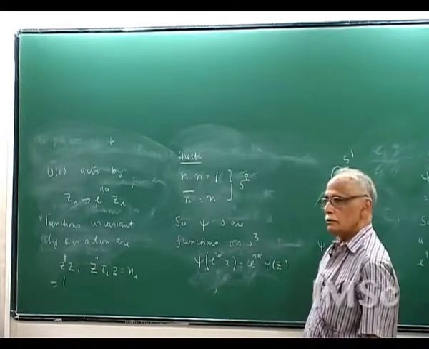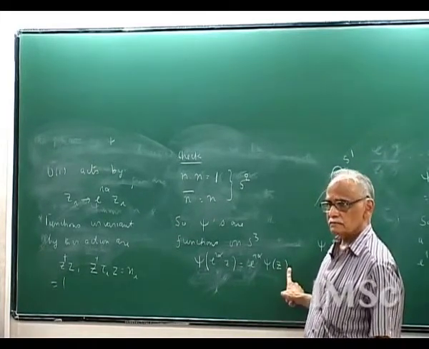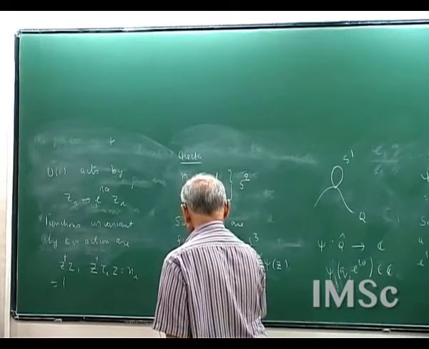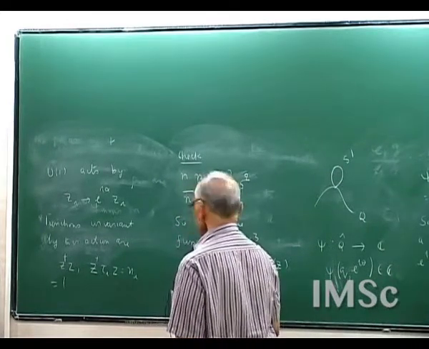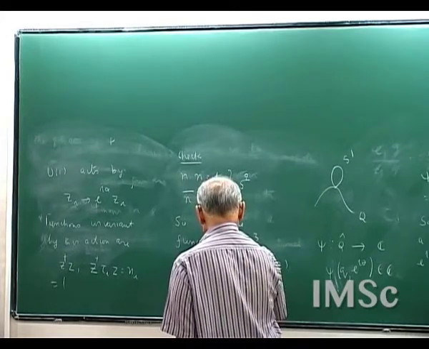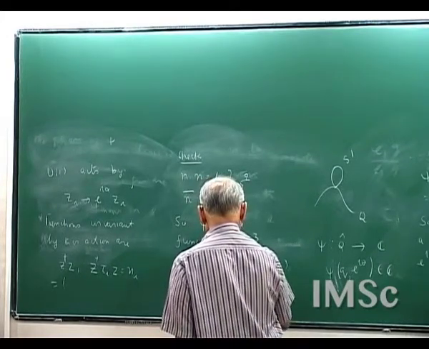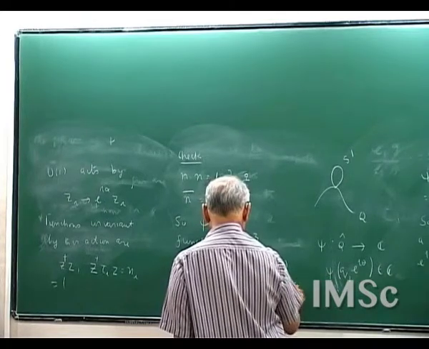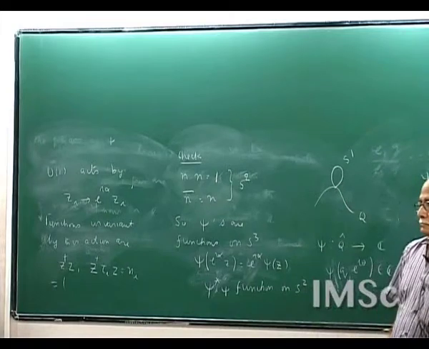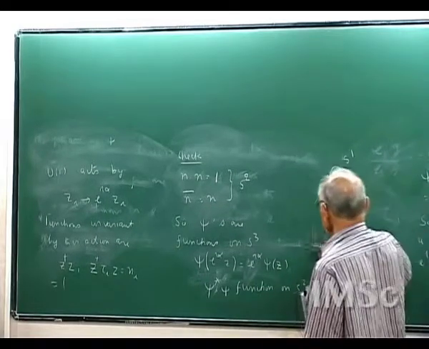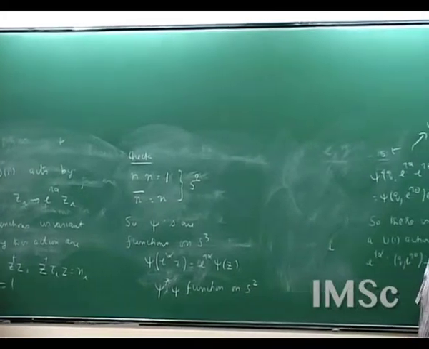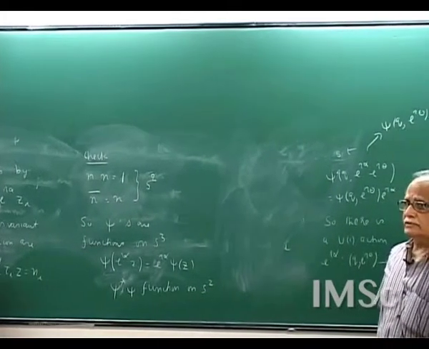I will find these functions, and if I do this, then psi star psi is a function on S2. This example will occupy us, will come again and again. The simplest example of something non-trivial.